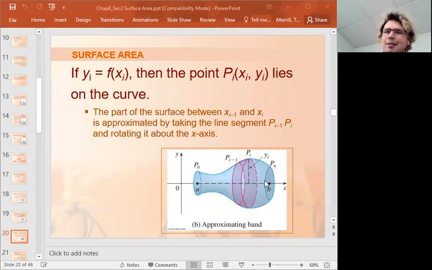In pink on this figure, we've highlighted a single band, let's call it, or a belt perhaps, that we'd like to find the surface area of, right? So we're just taking this pink line segment here and rotating it about the x-axis.